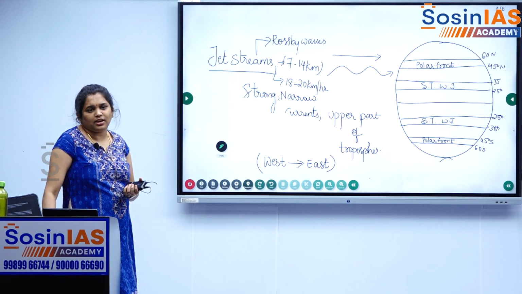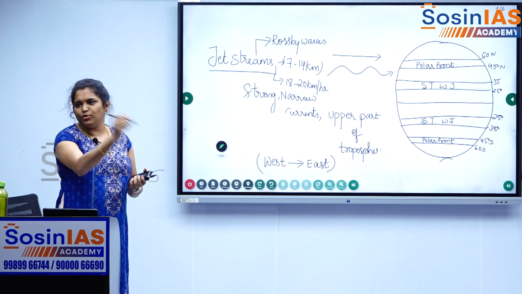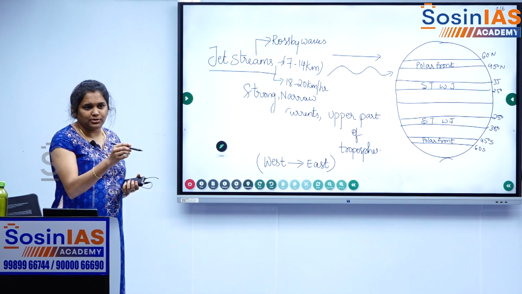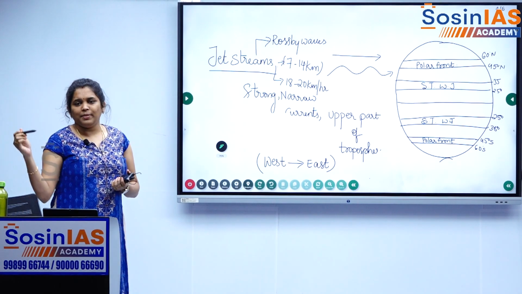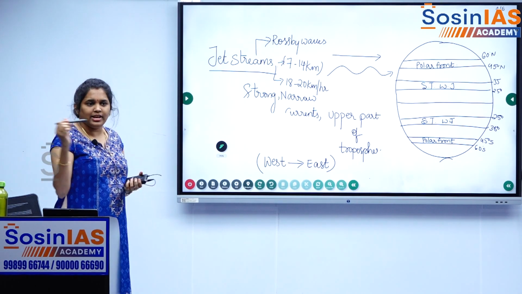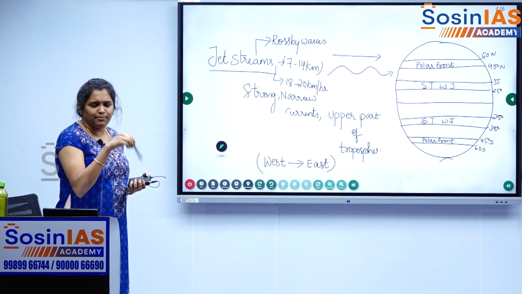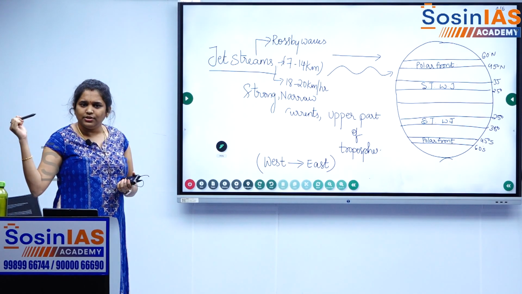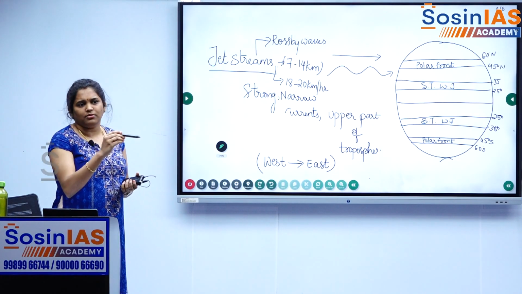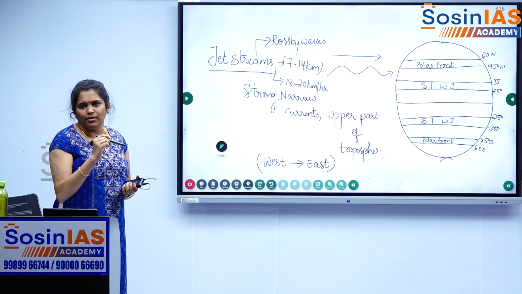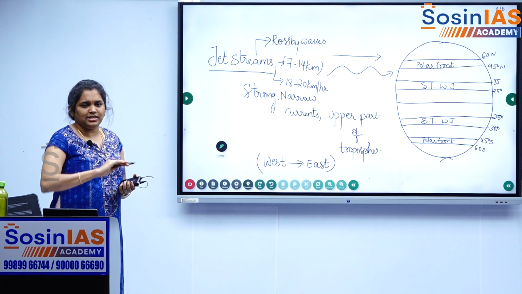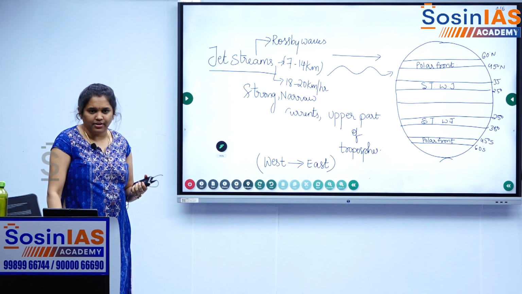It will not allow clouds to form, because it is a faster wind blowing at the top part of the troposphere. When subtropical westerly jet streams are blowing over the Gangetic plain, which is between 25 and 35 degrees, they will not allow convection or any rainfall over there. So that's the reason the Gangetic plain doesn't receive rainfall.